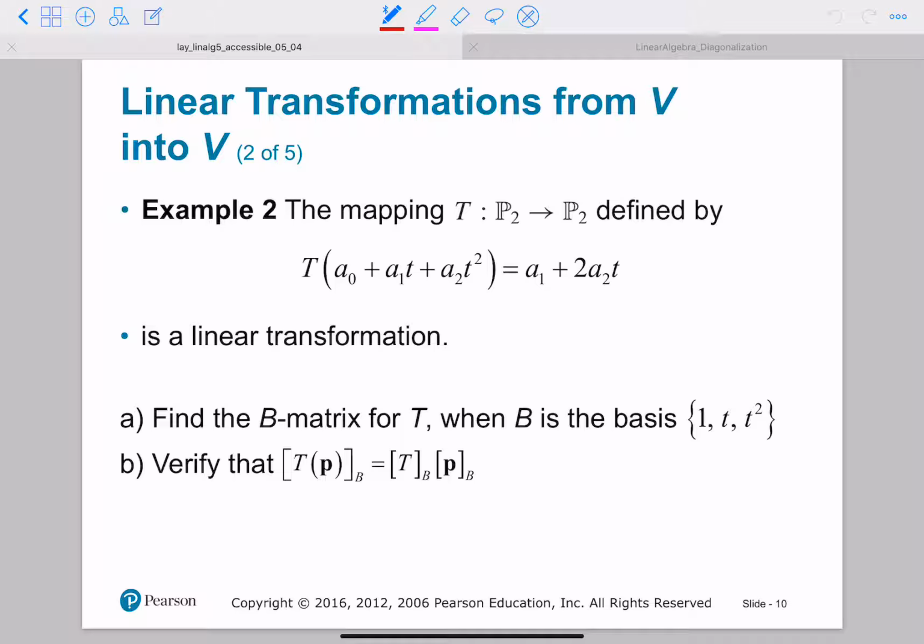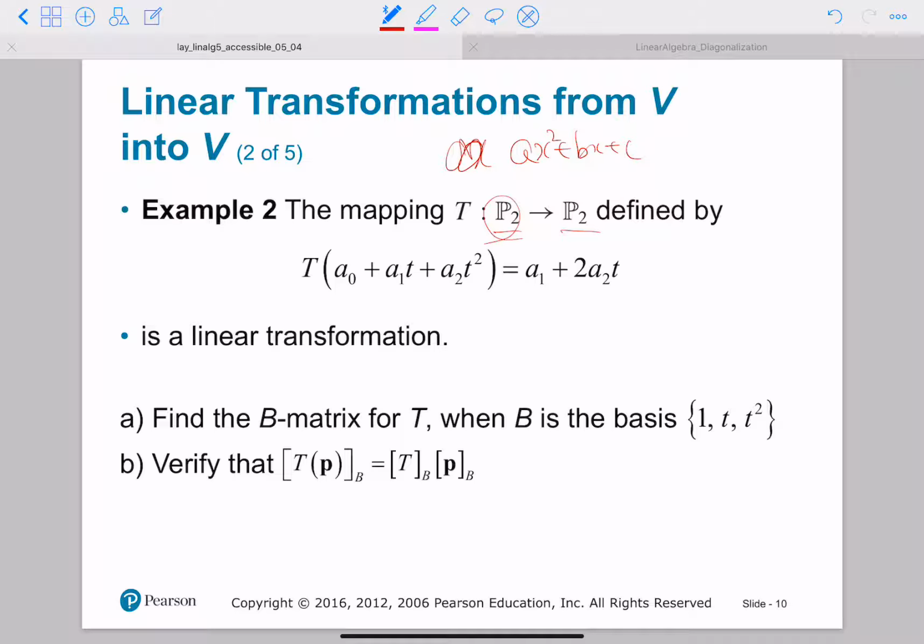And then let's look at this case. This is a domain, and the codomain is not R2, but P2. So this is the entire set of second order polynomials, something like ax squared plus bx plus c.